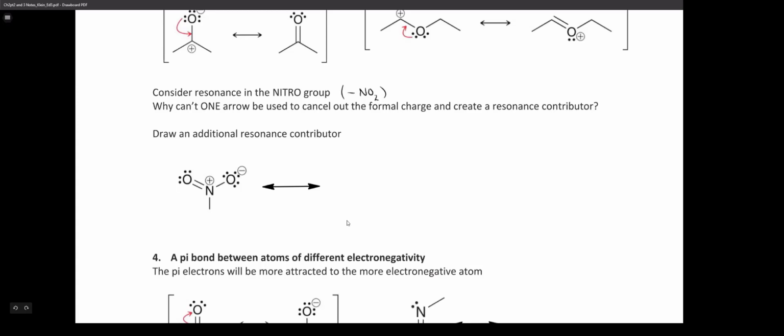So what would this look like if I wanted to move this? Do the electrons want to go from right to left or left to right? Negative wants to go towards positive. Left. It'll go right to left.